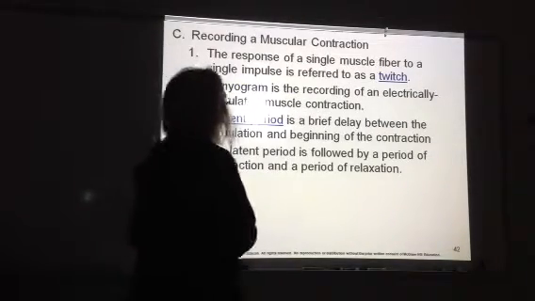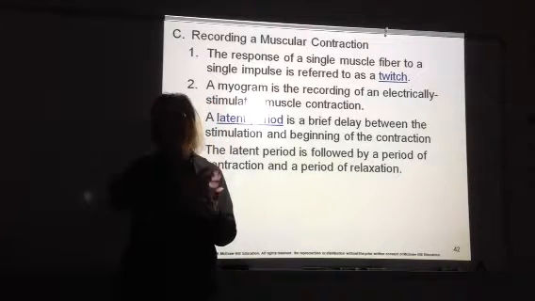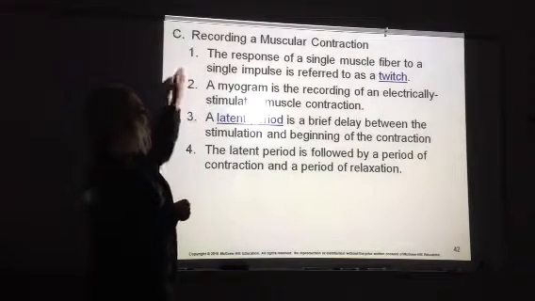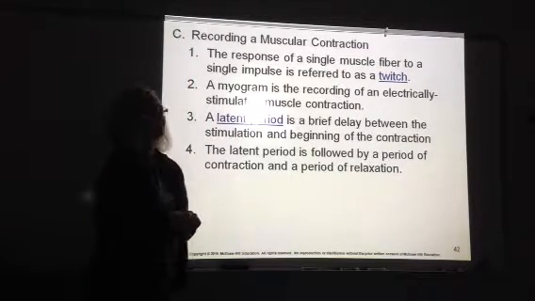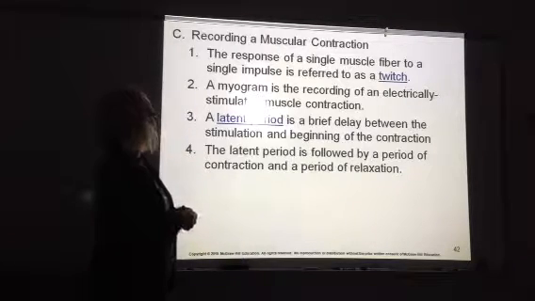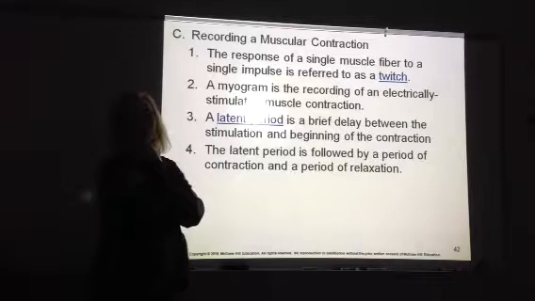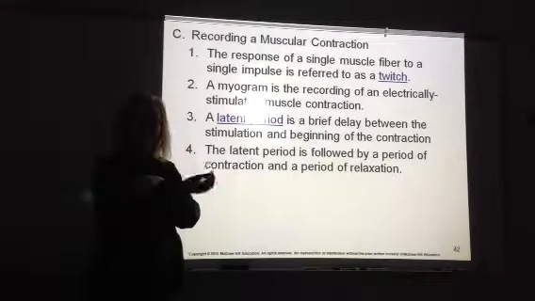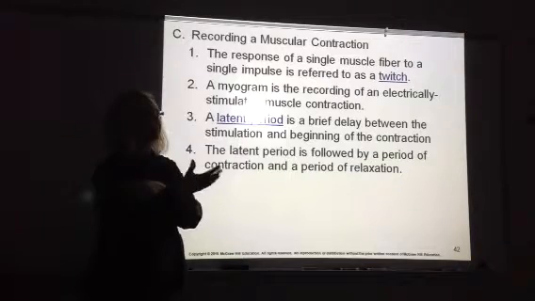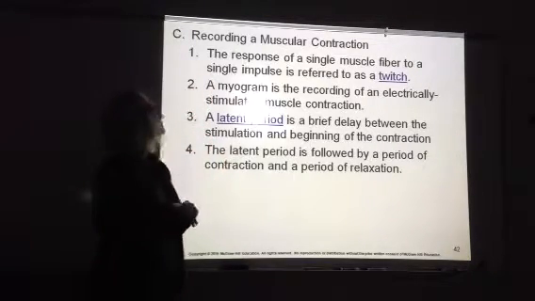Then they can take this electrical current that is measured and record it on a piece of paper. The response of a single muscle fiber, that's one fiber, is referred to as a twitch. When you have an entire muscle contracting, every fiber that is contracting is having a twitch.